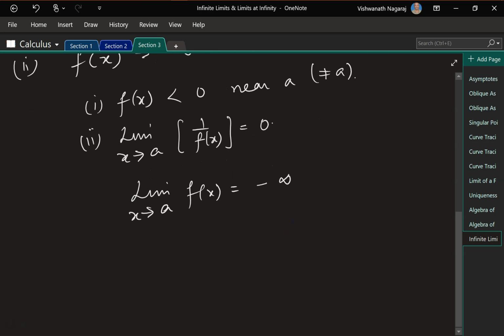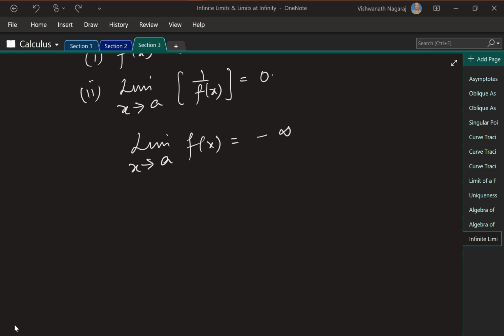Okay, remember the graph of tan: it goes towards infinity as theta gets closer to pi by 2. Tan theta goes towards plus infinity, and when we look at the negative side, that is minus pi by 2, it goes towards minus infinity.